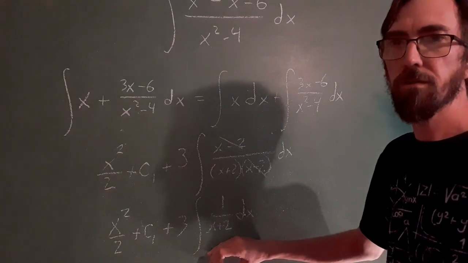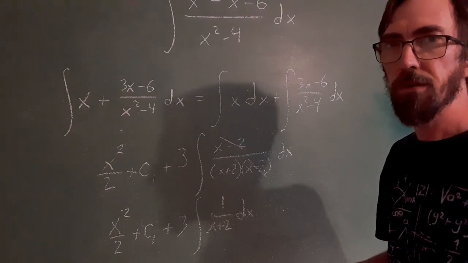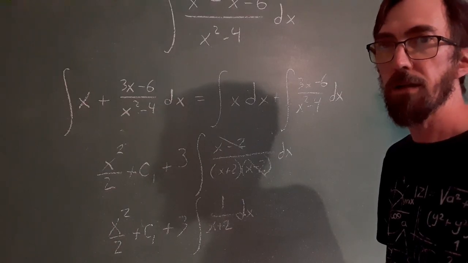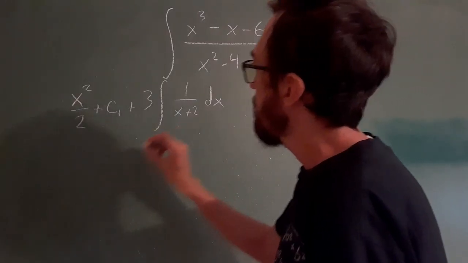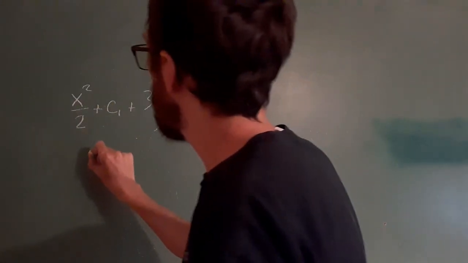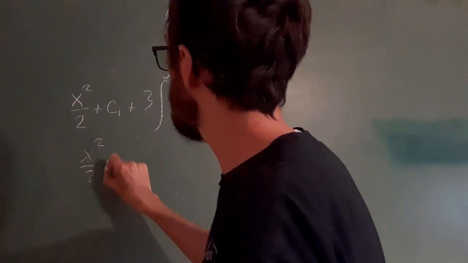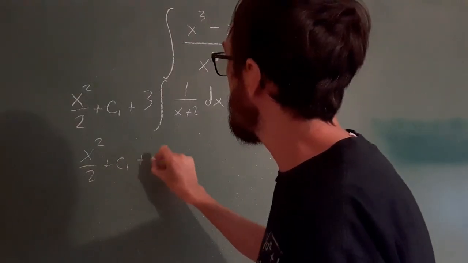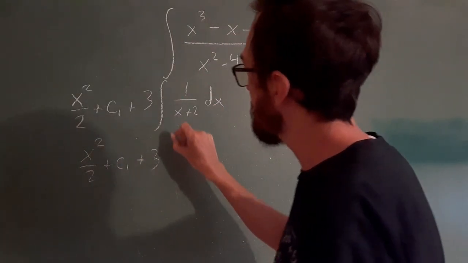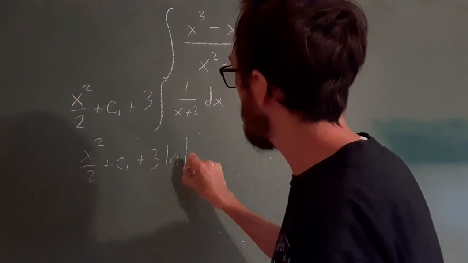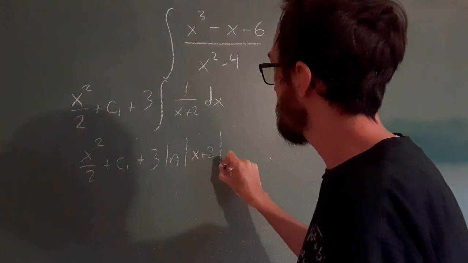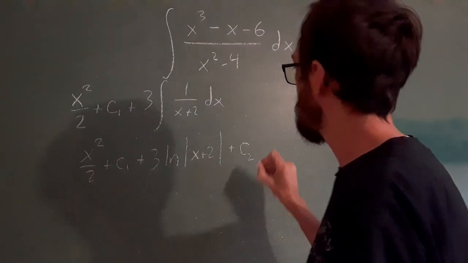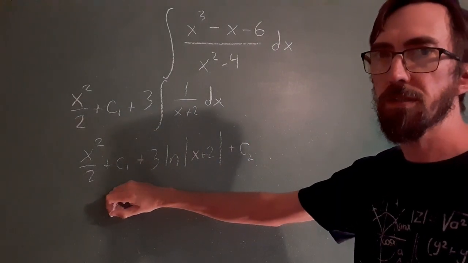This is the form that gives us a logarithm. Let me reset real quick and we'll finish this out. We've almost completed this exercise. We are going to keep these first pieces here. And this is going to be 3 times the natural log of the absolute value of the denominator plus a new constant which may not be equal to this.